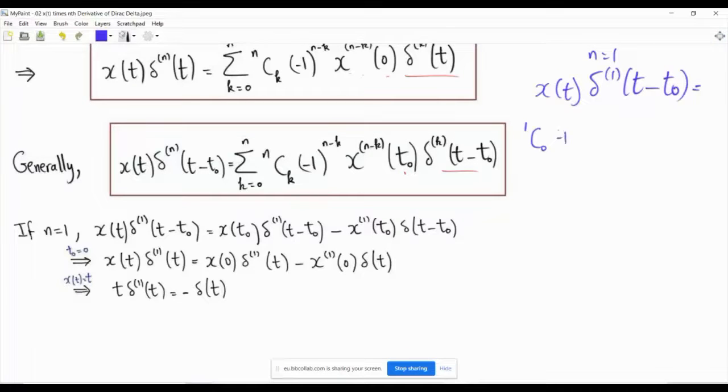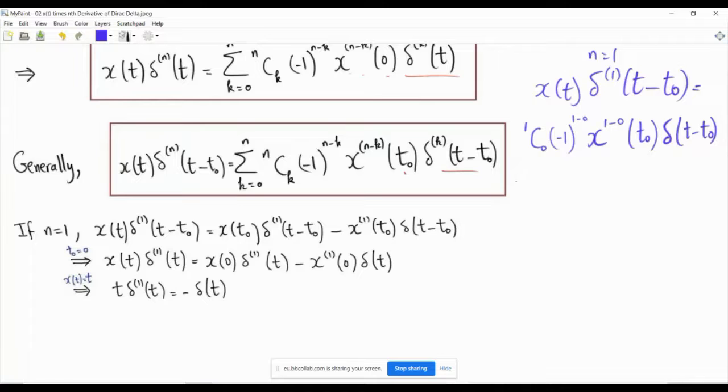Then we have minus 1 to the power 1 minus 0, so this will be minus 1. Then we have the derivative of x of order n minus k, which is 1 minus 0, at t0. This is multiplied by delta. Again, if the superscript is 0, we are talking about the Dirac delta itself, and this will be t minus t0.